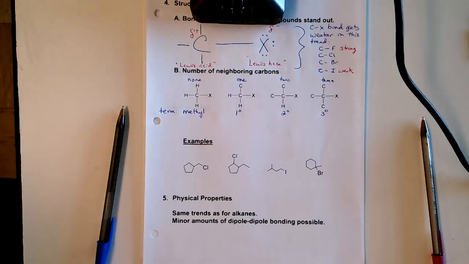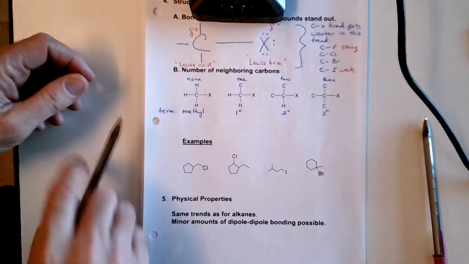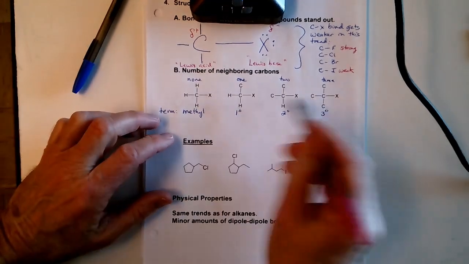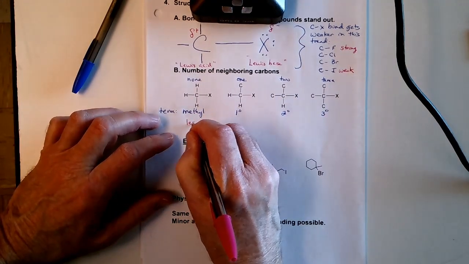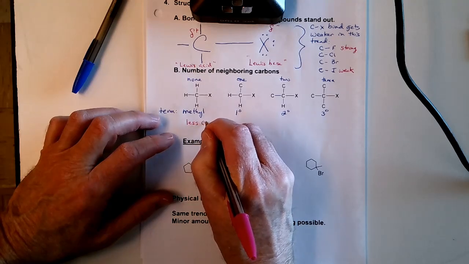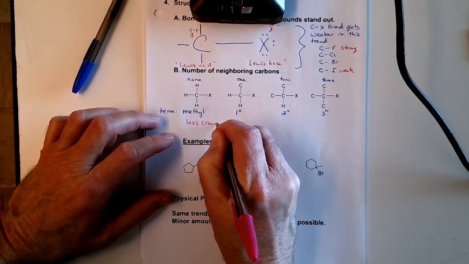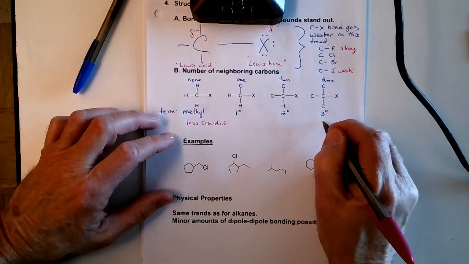And this isn't just words, this is willingness to react. So you'll serve yourself well by learning to recognize not just words and counting carbons, but overall, on this end, you have something that on the right carbon is less crowded.